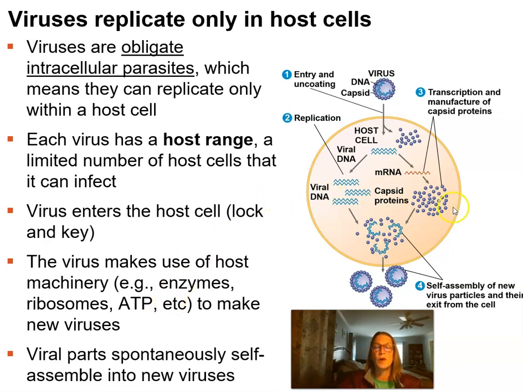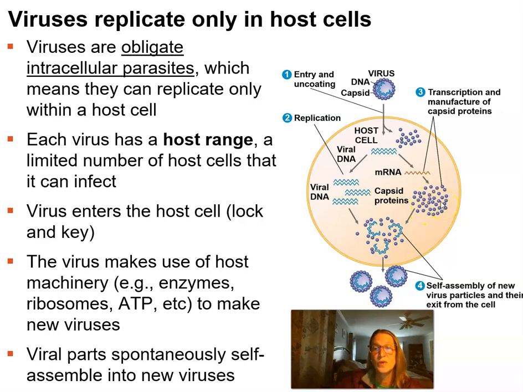And then once the different parts of the viruses have been created by the host cell, so here you see that the host cell has made some capsid proteins or capsomeres. Here's the DNA of the virus. The host cell then transcribes it into mRNA and translates it into more capsid proteins.